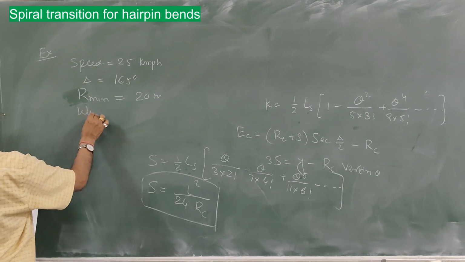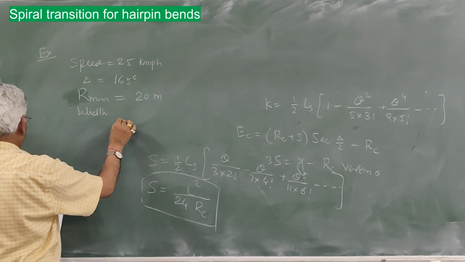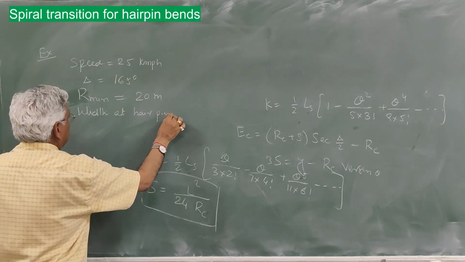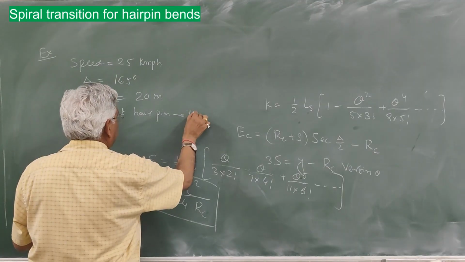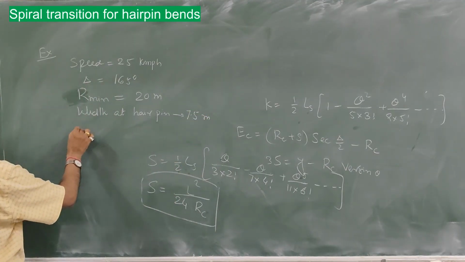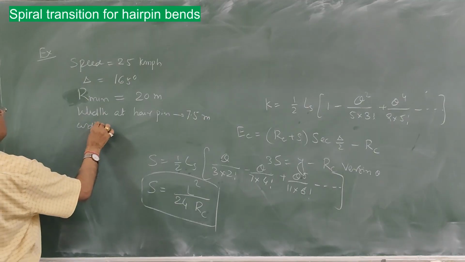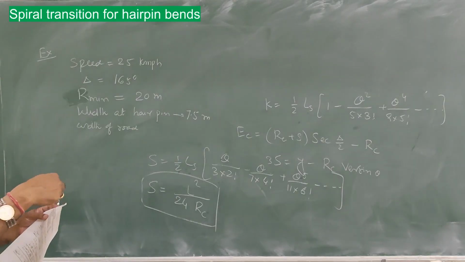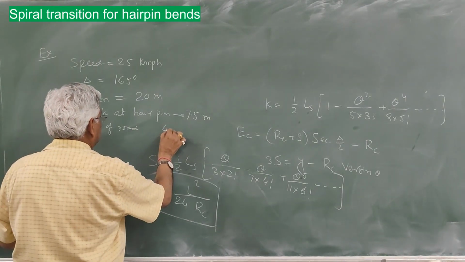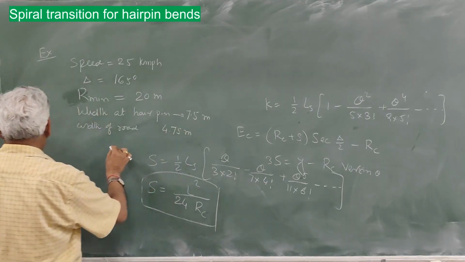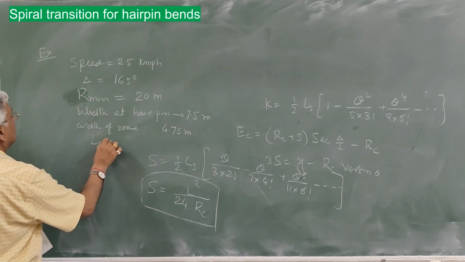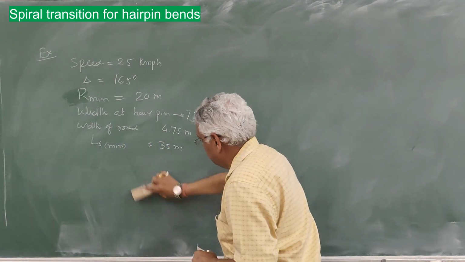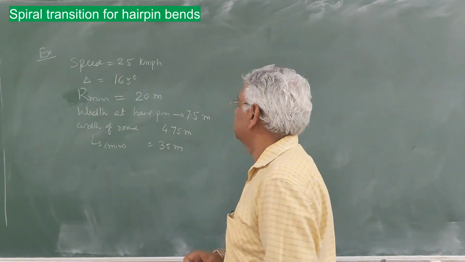Width of roadway at hairpin bend, that is after extra widening, is 7.5 meters. Width of normal road before transition, where the transition starts, is 4.75 meters, and minimum length of transition is also specified as 35 meters. Design a fully transitional curve.